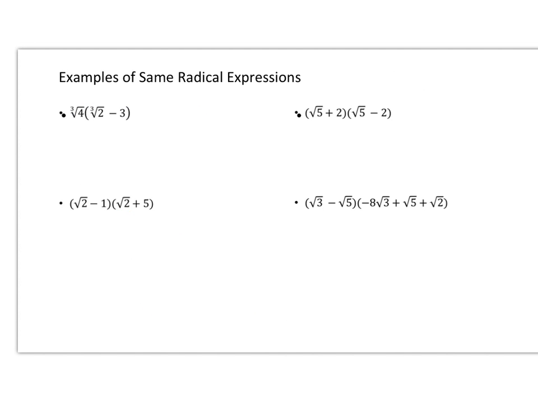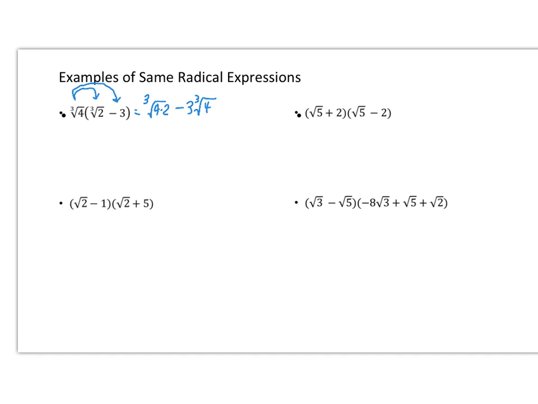So we're going to try some examples that are in your notes for chapter 7.5. We'll start with the first one where we have the cube root of 4. Then we're going to multiply it using the distributive property. And when we do that, we get the cube root of 4 times 2 minus 3 cube root of 4.